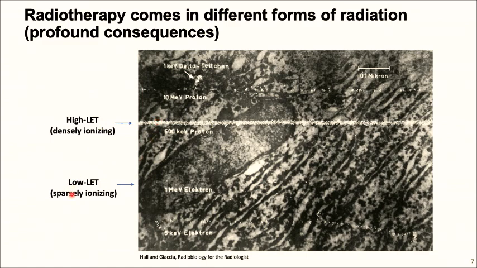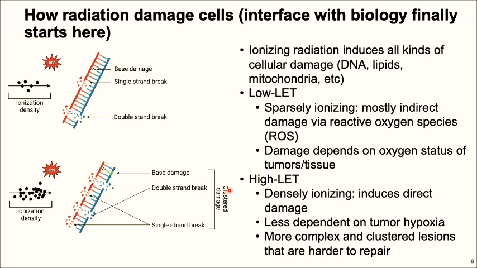For low LET radiation, the ionization density is very sparse. You have an event of energy deposition here, and then the next one doesn't happen until here, and another one here, and so on. So it's very scattered how the energy is deposited. So then what are the biological consequences of this?